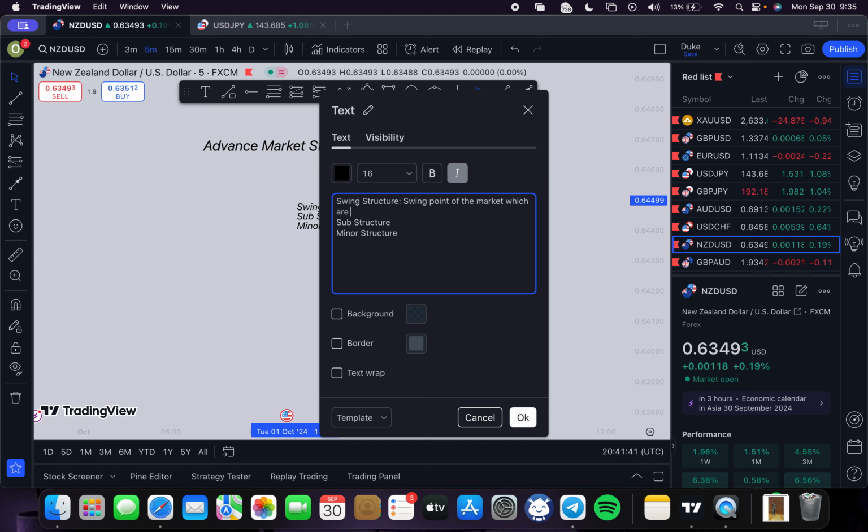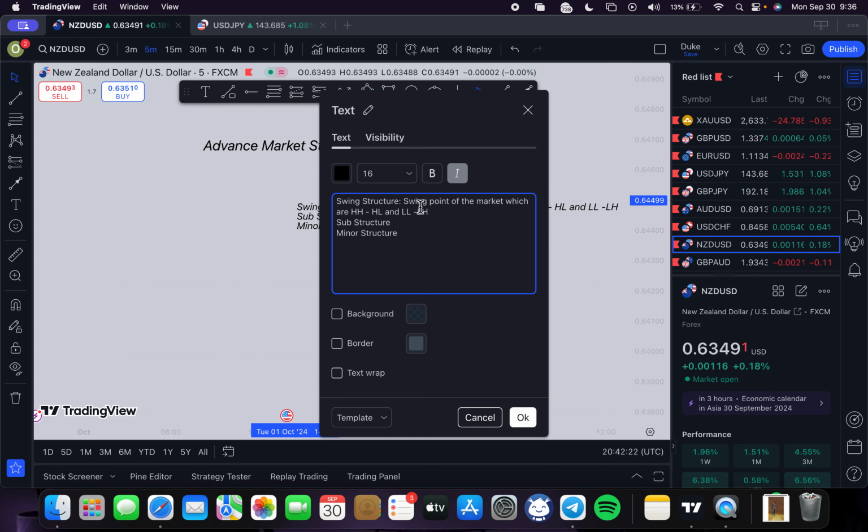our higher high to higher low, and lower low to lower high.